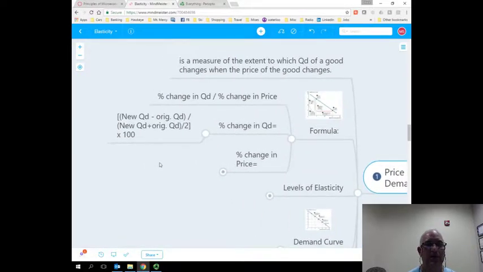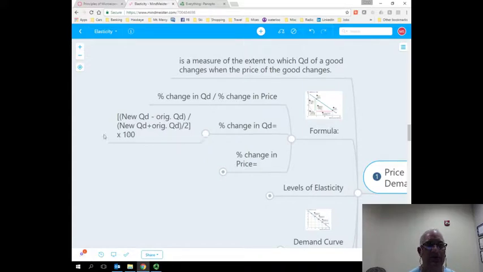And to break down the formulas, the percentage change in quantity demanded, here's how we do that. The new quantity demanded value minus the original quantity demanded over the new quantity demanded plus the original quantity demanded divided by 2 and times 100.